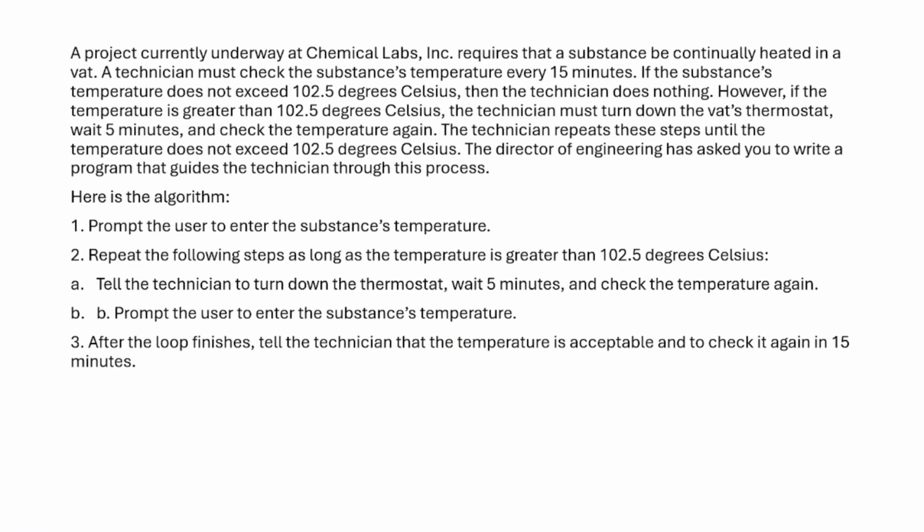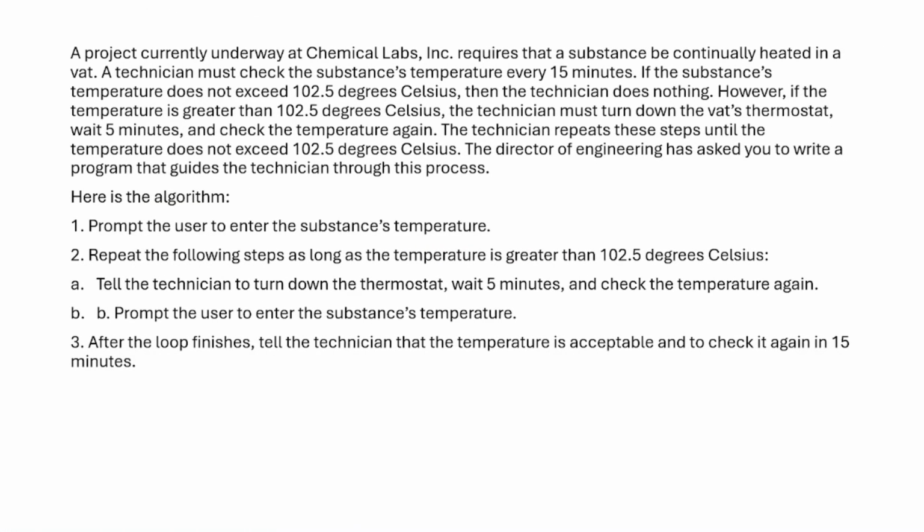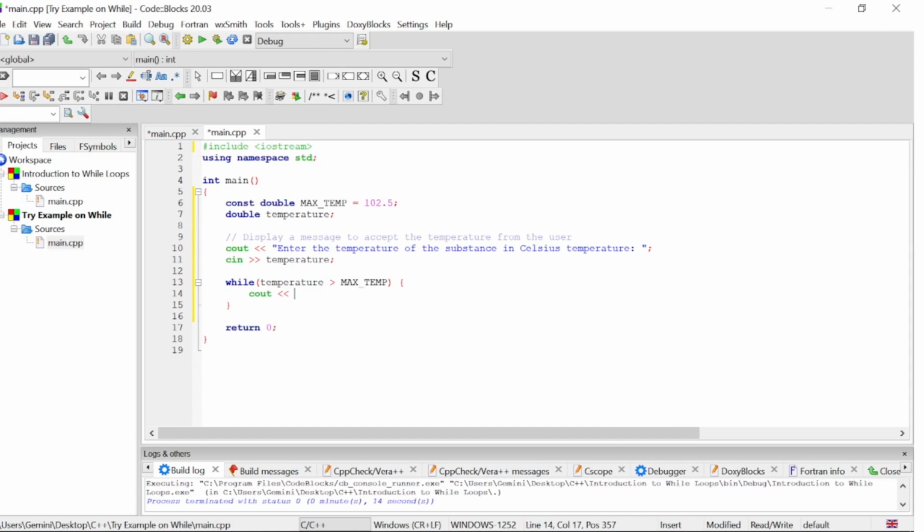So it says to repeat the following steps as long as the temperature is greater than 102.5 degrees Celsius. So tell the technician to turn down the thermostat, wait 5 minutes, and check the temperature again. So let's do that while the temperature is greater than our maximum temperature. We are going to tell the technician to turn down the thermostat.